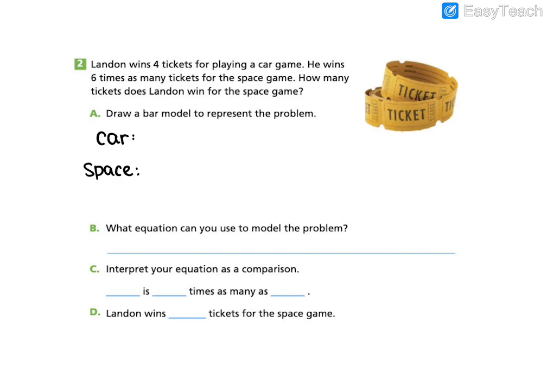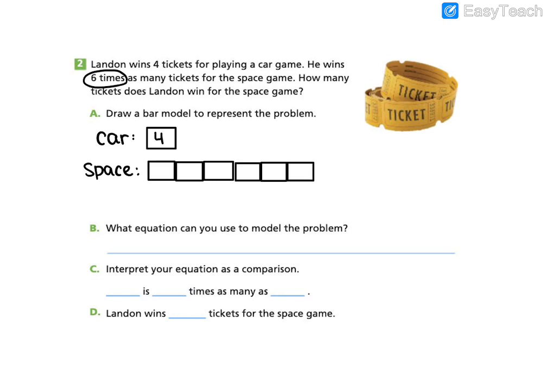All right, for the car game, he wins 4 tickets. He gets 6 times as many for the space game. So there's 1 times as many, 2 times, 3 times, 4 times as many, 5 times, and 6 times as many.